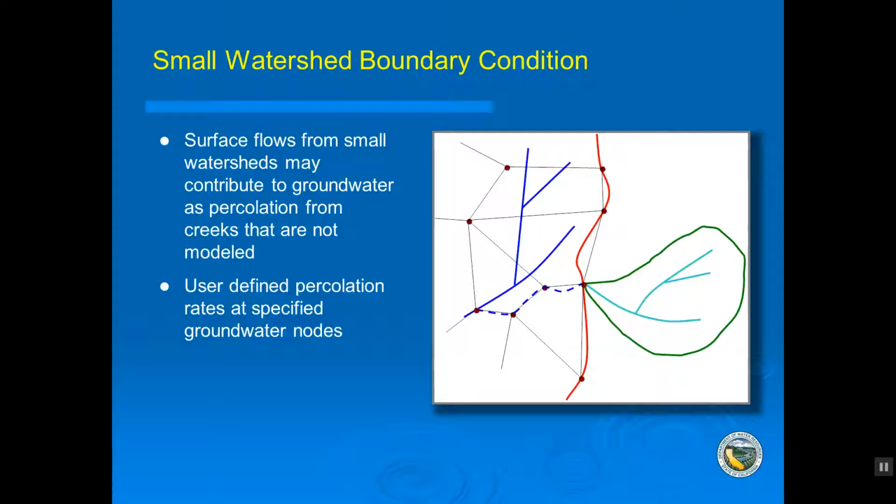So we are not really routing anything. As the water is moving from here to here, we are subtracting some flow from this node, putting it into the groundwater right there. We are subtracting another flow from this node, putting it into the groundwater node. It's just a very simple way of trying to move the water from the boundary down into the stream.